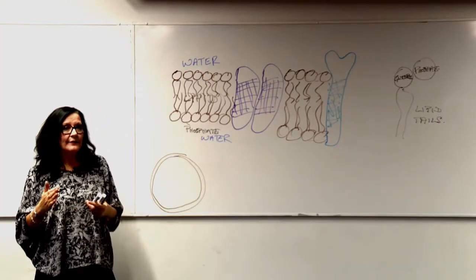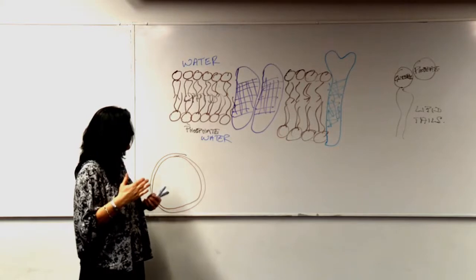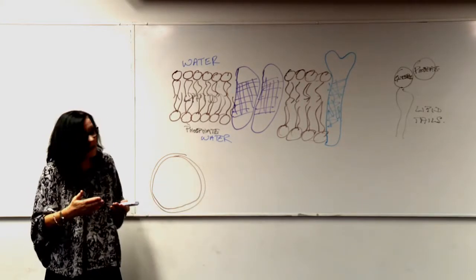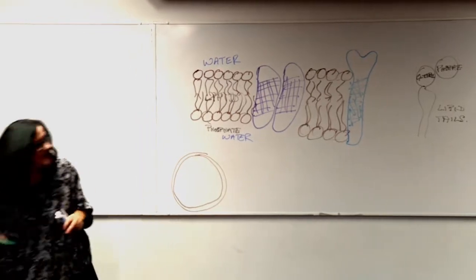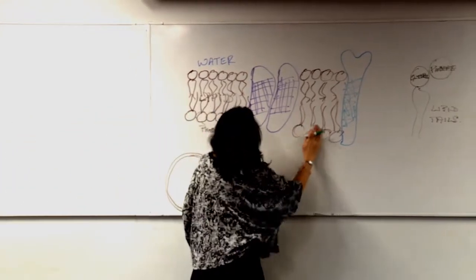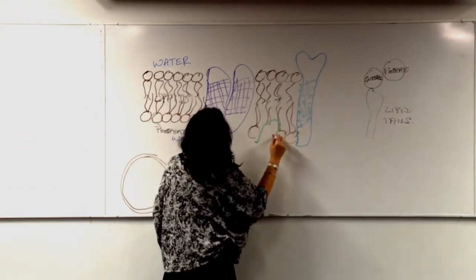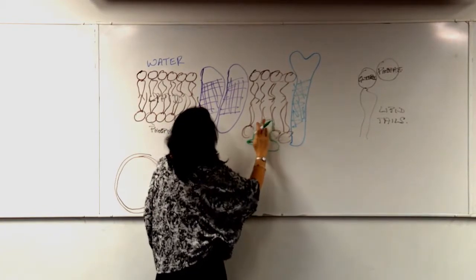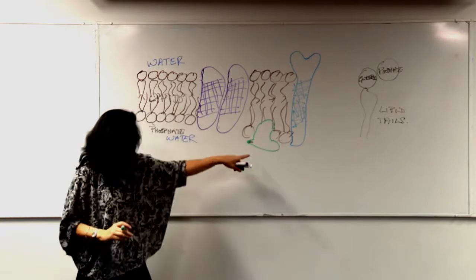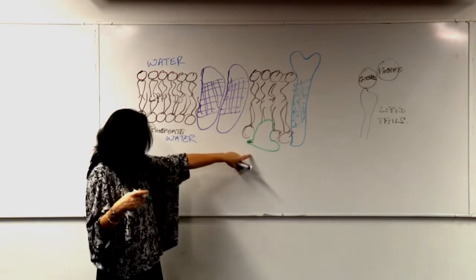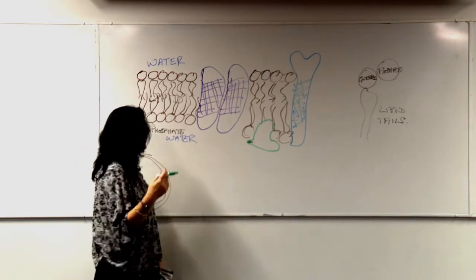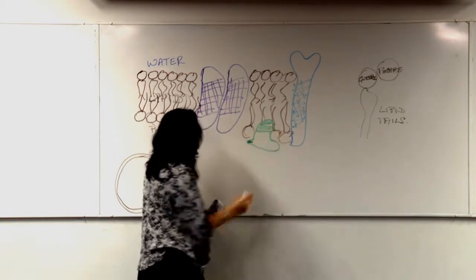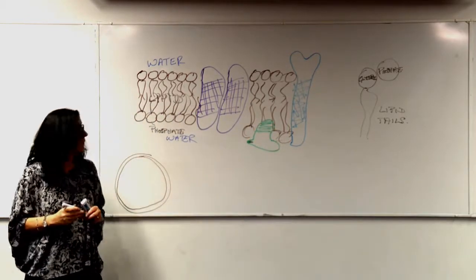If we have an integral protein that only goes part way in, again, the same thing. This little protein here, it's okay with water that side, so it's hydrophilic, but it's hydrophobic, lipophilic on the bit that sticks into the membrane.